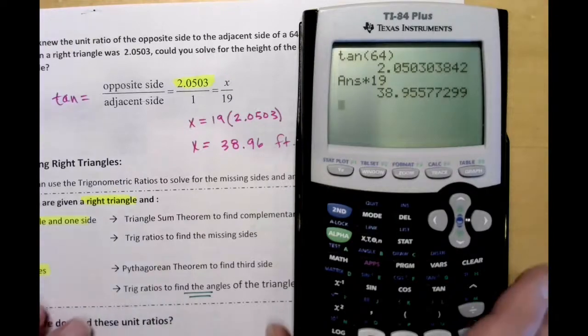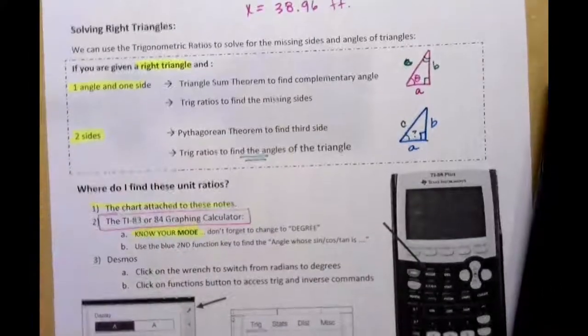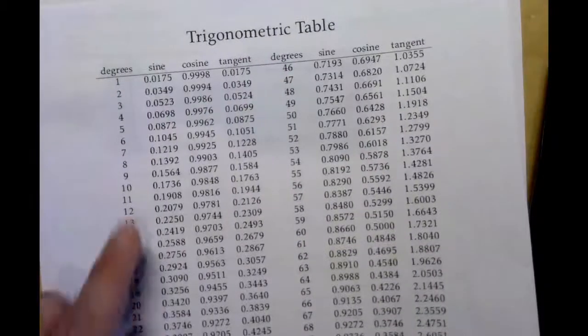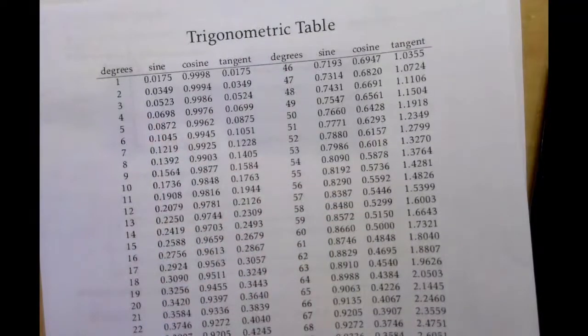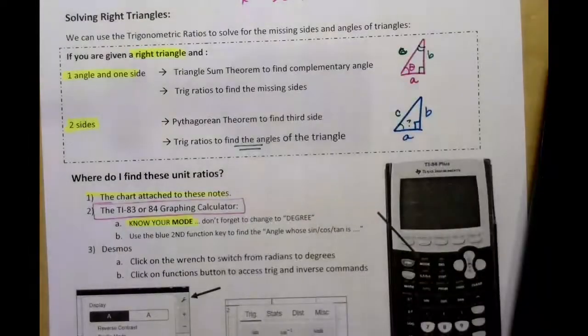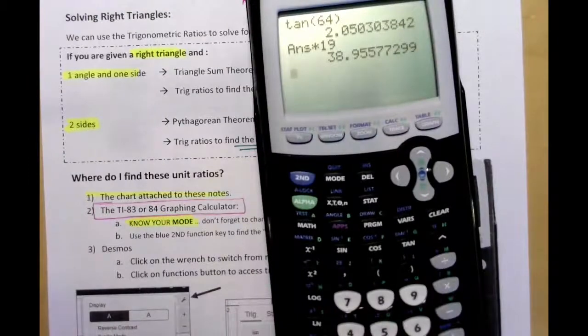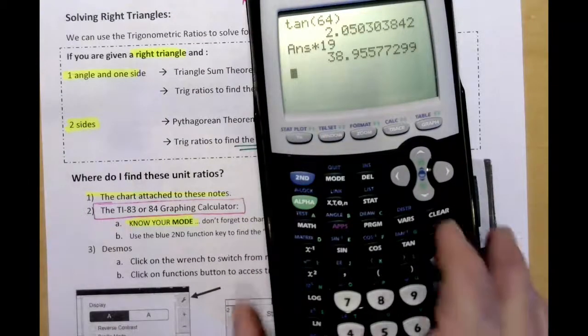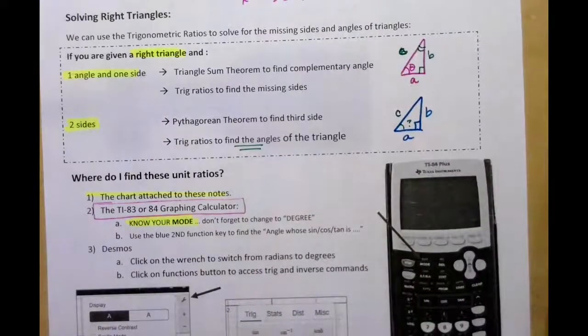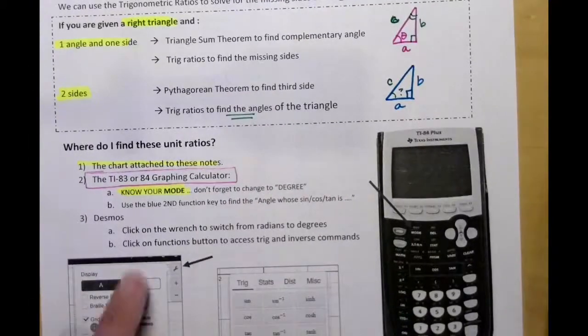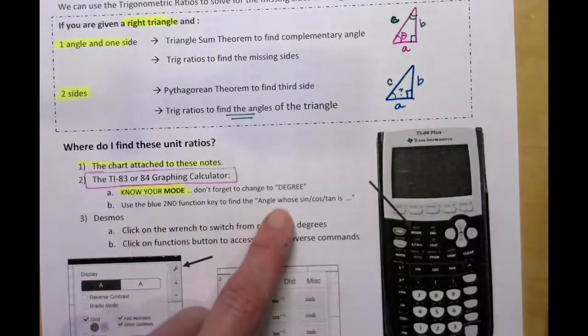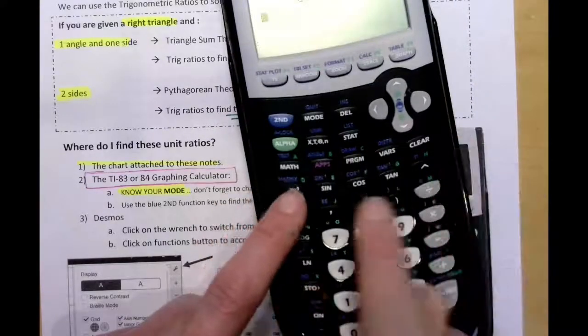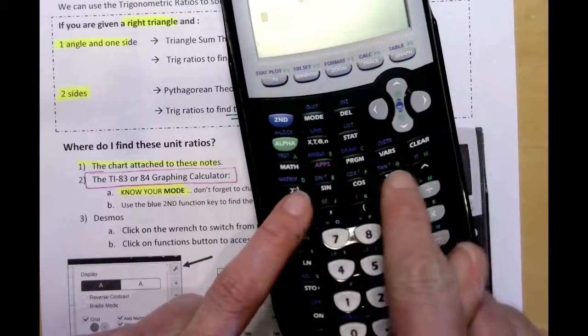So as we're looking at using these values, some kids prefer the chart because they like to see all the numbers in front of them, and they know that they're just a list of unit ratios to help you solve. Some kids prefer to use the calculator because it's right there and they don't need to go looking them up on the chart. If you need to find the angle, and we'll do a couple of these examples, you're going to have to use what we call the arc sine or the arc cosine.